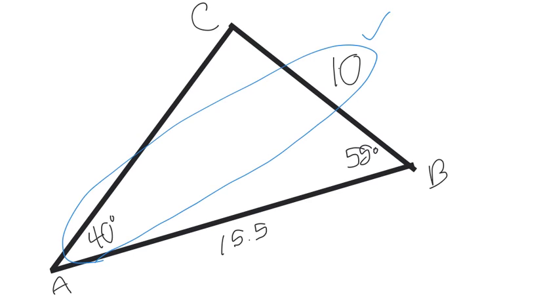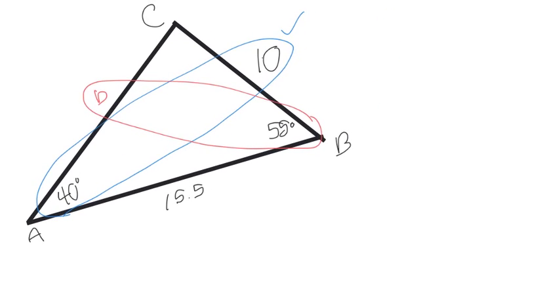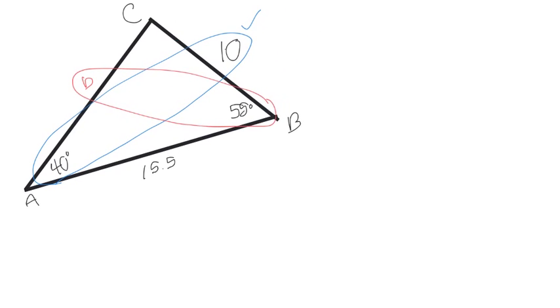Okay, then I can look and see what I need, and you can see from here I'm missing side length B. That would have been written there, and I'm also missing angle C. So let's start off by trying to work out what side length B is. So that's where I'm going to start. Okay, I'm just going to push that over a bit, give myself a little more room.